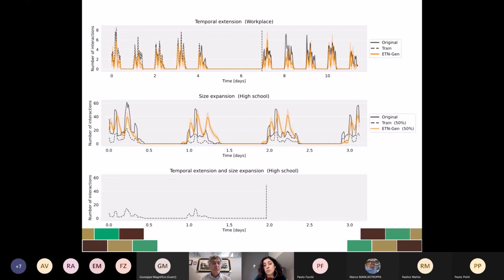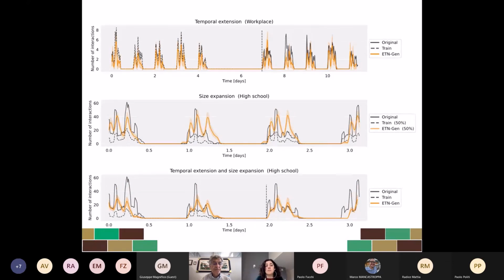And then we can also do both, of course. So we assume that we have a shorter and smaller data set, and we are able to reconstruct a temporal network which is similar to the complete data set.